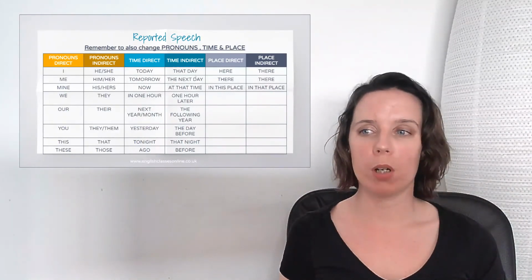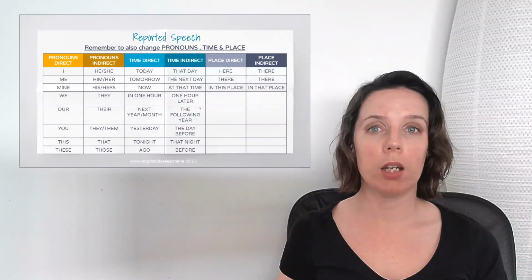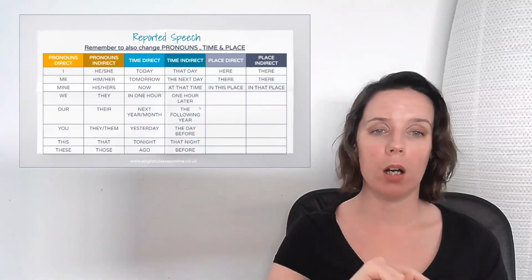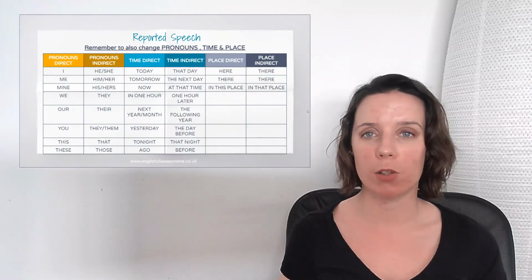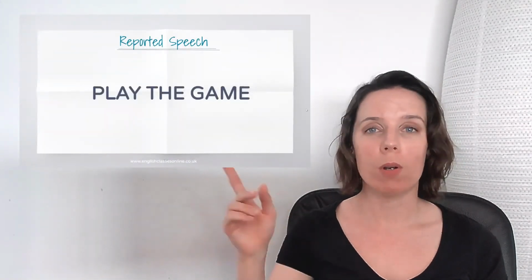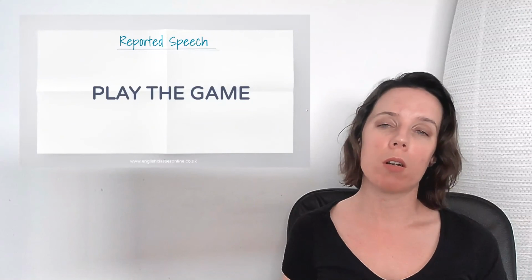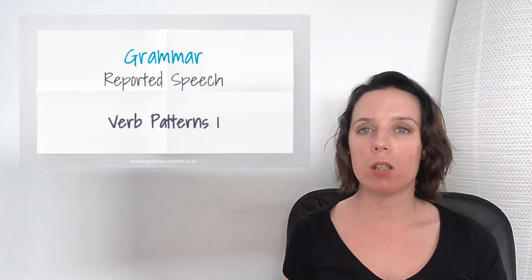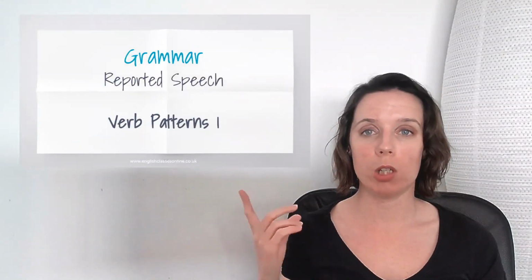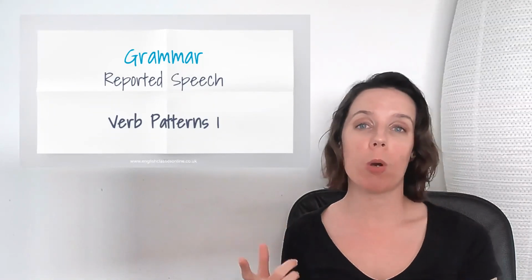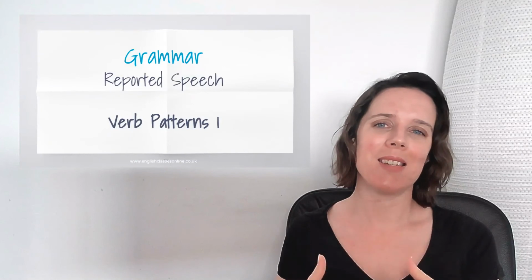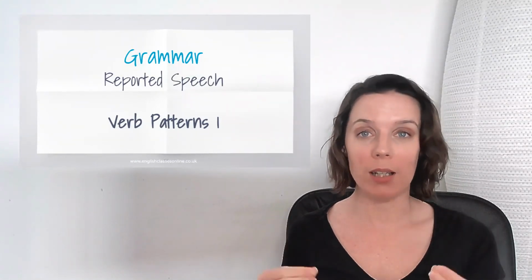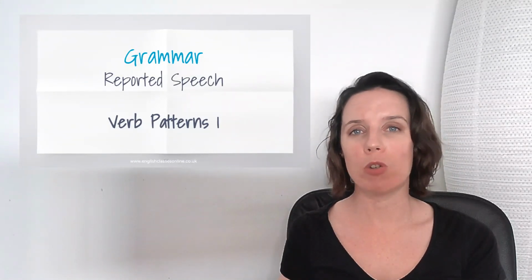And you will have to put all of these words in the correct boxes, if it's pronouns for direct or pronouns for indirect. So go ahead, play that game, and then when you're done, come back, and we're going to continue with reported speech in the next lecture, but I'm going to be showing you verb patterns, which are really important. This is the thing that they are really testing you on in keyword transformation.